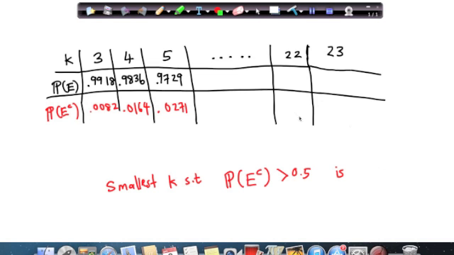Here are some probabilities for the event E and the complement for different values of k. We notice that the probability for the complement of E increases as k increases. So eventually this probability will be more than 0.5, and this happens for the first time when k equals 23.